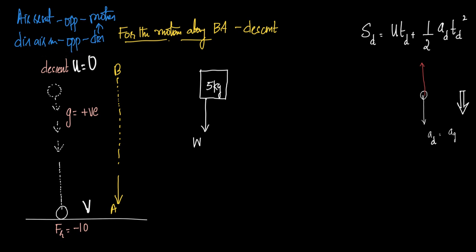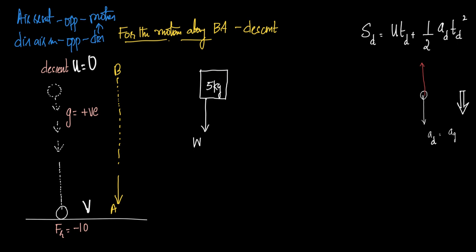What is the direction of motion? It is BA. In which case, what will be the direction of air resistance? It will be A to B, which means air resistance would be acting like this. So this represents the force of air resistance.